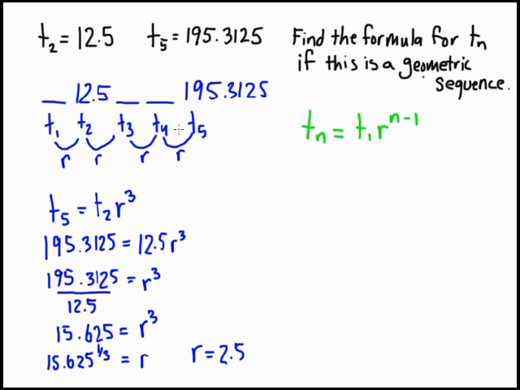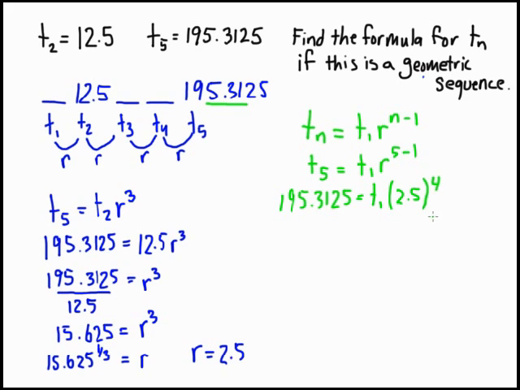Now, what we can do is use term 5. Term 5 is equal to term 1 times r to the power of 5 minus 1, since n is equal to 5. We know that term 5 is 195.3125, equal to term 1 times 2.5 to the power of 4.